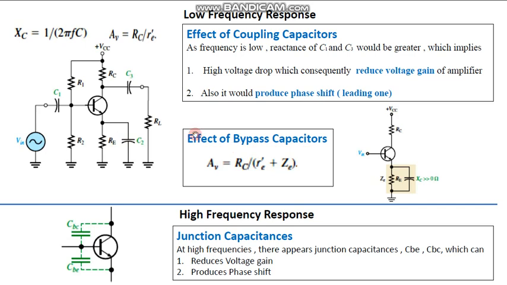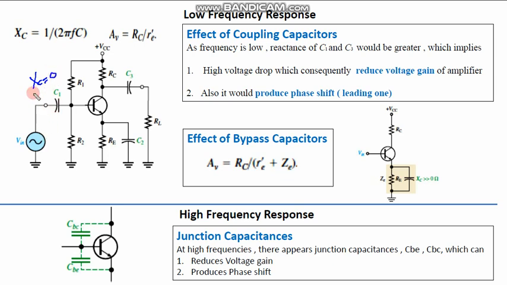So let's talk about the low frequency response of this amplifier. Under ideal condition, we assumed that XC1 will be very small for the operating frequency, and we can assume that this XC is basically equal to 0. This was a clear assumption we made last time.